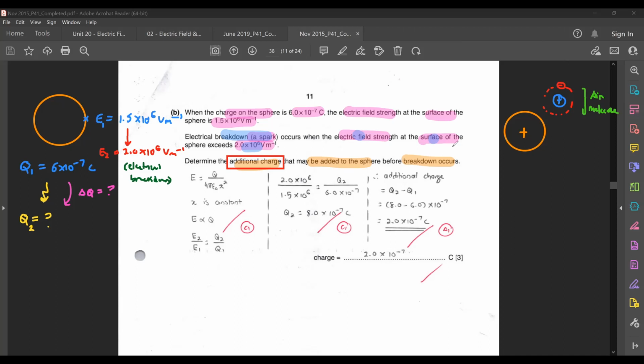So if you consider the electric force acting on your air molecule, there's actually electric force acting on your nucleus as well as electric force acting on your electron, but they are going to be acting in opposite directions. For the nucleus, your electric force will be acting away from your sphere, but for the electron, it will be acting towards the sphere.